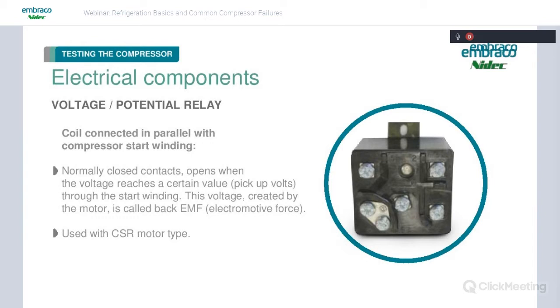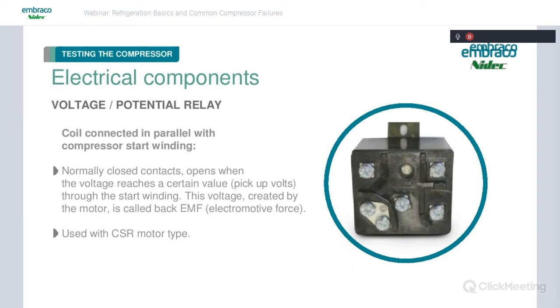When it gets to 75% operational speed, there's a coil inside this relay that starts reading voltage that's generated by the start winding. We call it back EMF, or electromotive force. As that compressor spins up, it starts generating a voltage off the start winding.